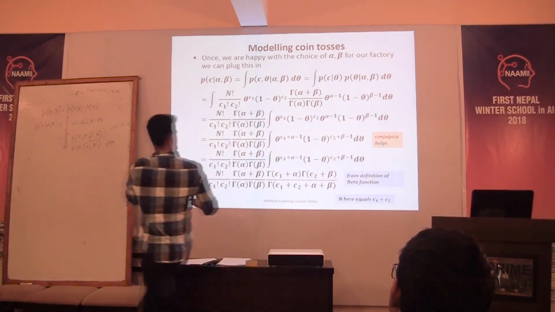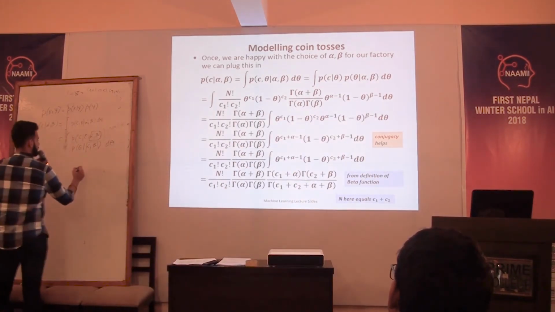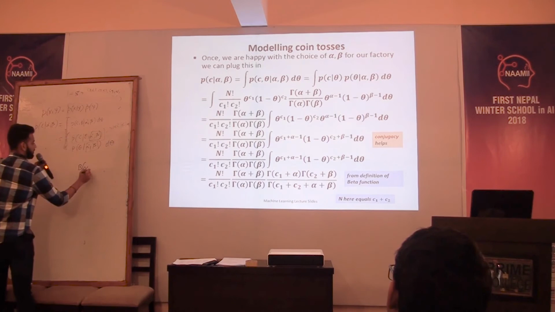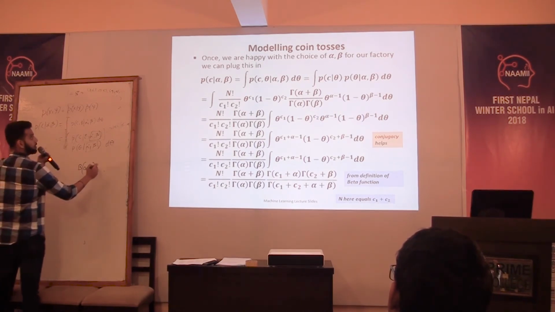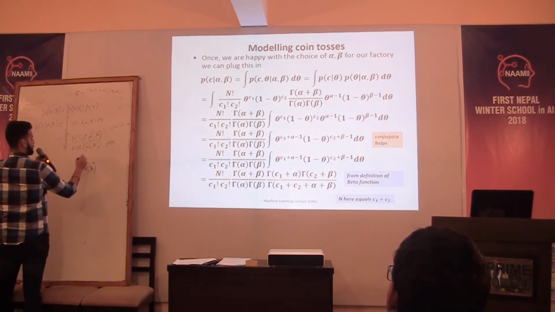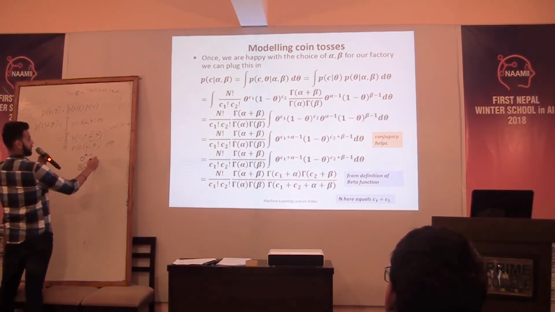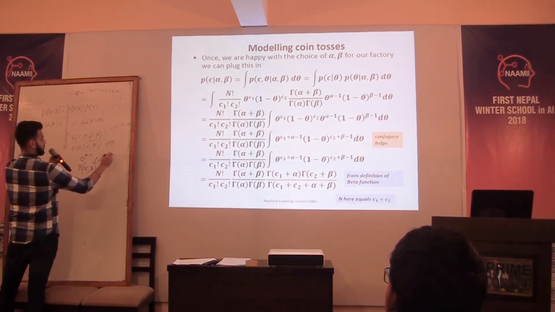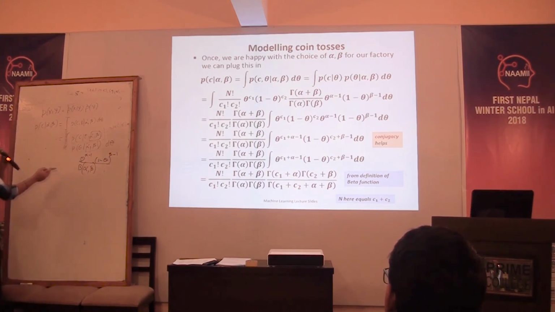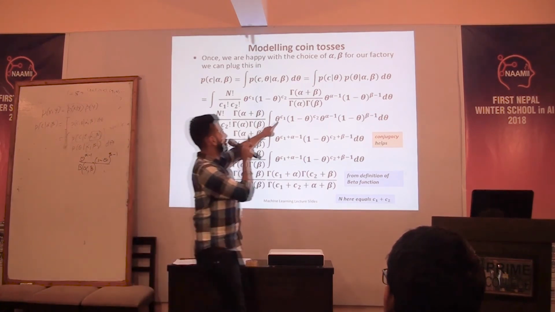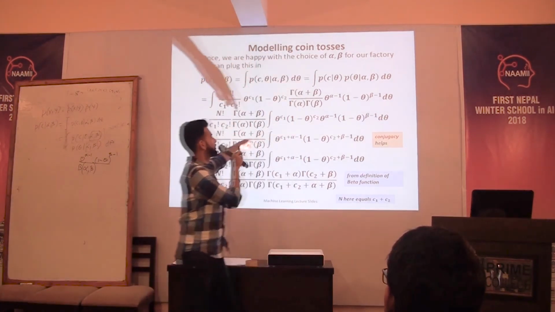Let me rewrite the beta as B of alpha comma beta, theta to the alpha minus 1 and 1 minus theta to the beta minus 1. This was our beta distribution, and this B is the beta function.